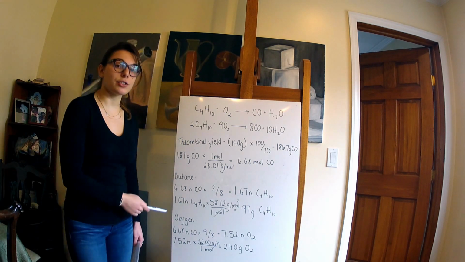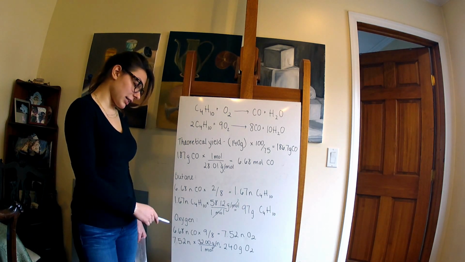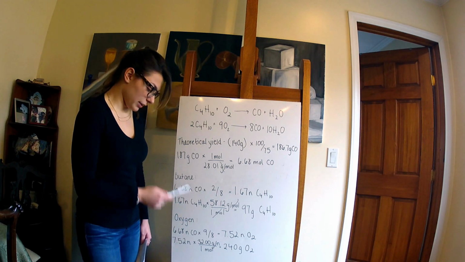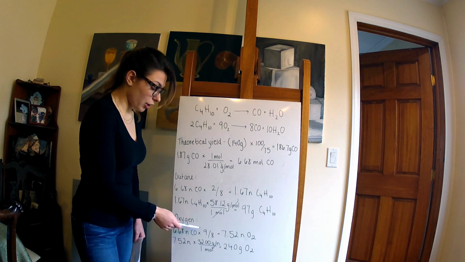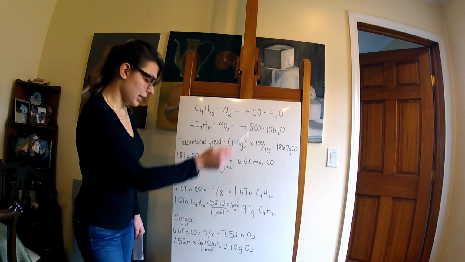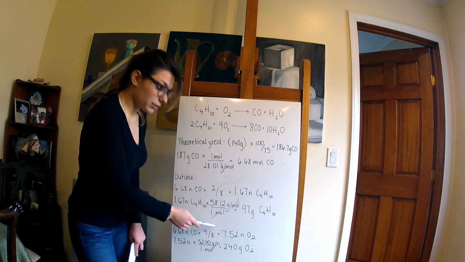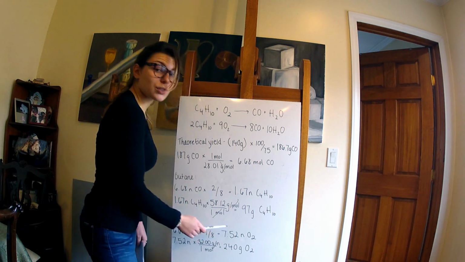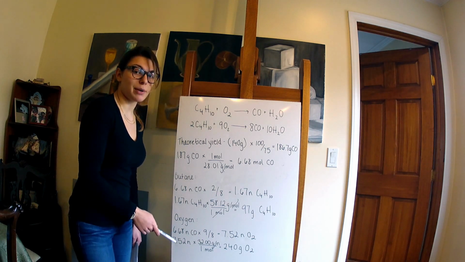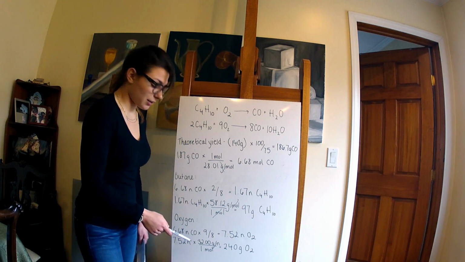Then to find out oxygen, you do 6.68 moles of carbon monoxide, the same as we used for the butane, times the ratio of oxygen to carbon monoxide, which is 9 to 8. So 9 over 8 gives 7.52 moles of diatomic oxygen. Then you convert the moles of diatomic oxygen to grams.